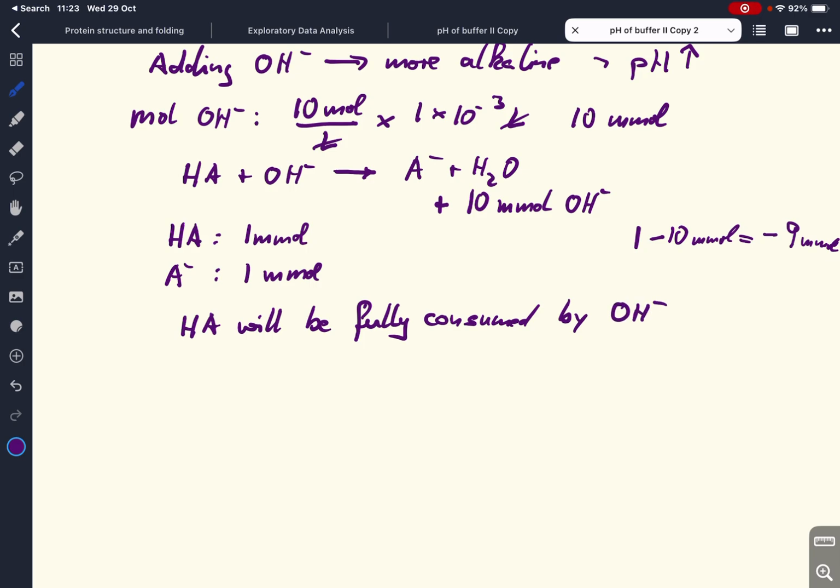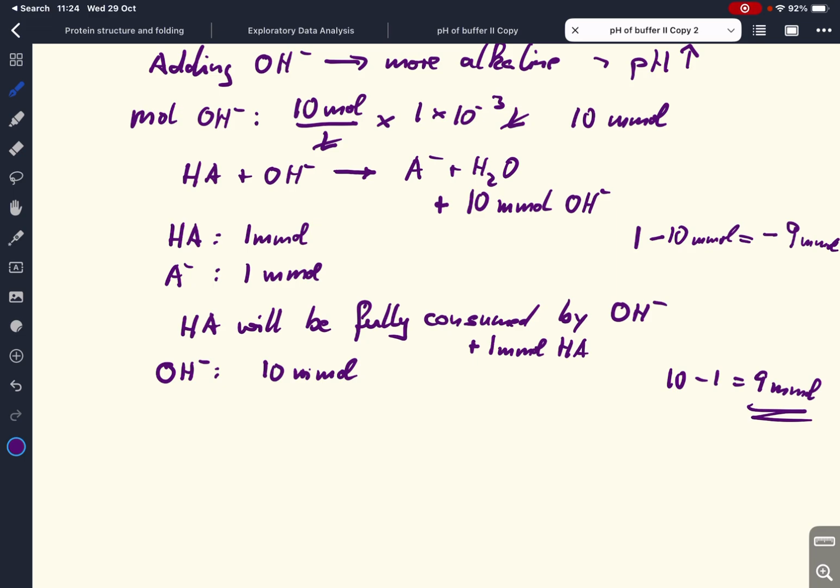And we can actually calculate how much of the OH minus is left. We had 10 millimole, and after addition of 1 millimole of the acid, we have 10 minus 1 equals 9 millimole of the OH minus. So we've got 9 millimole OH minus left.